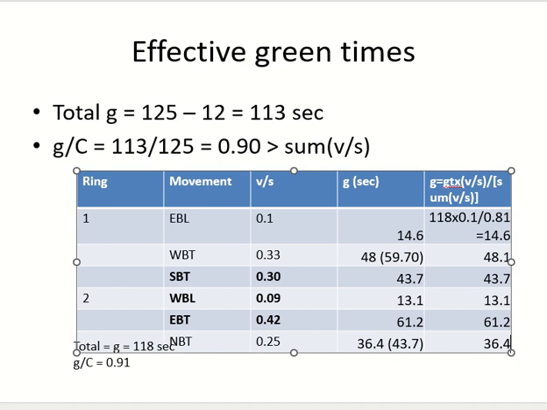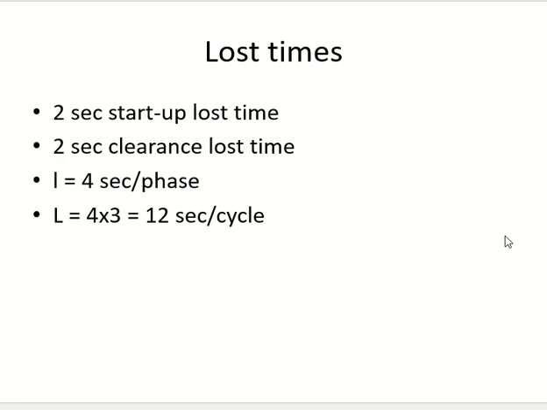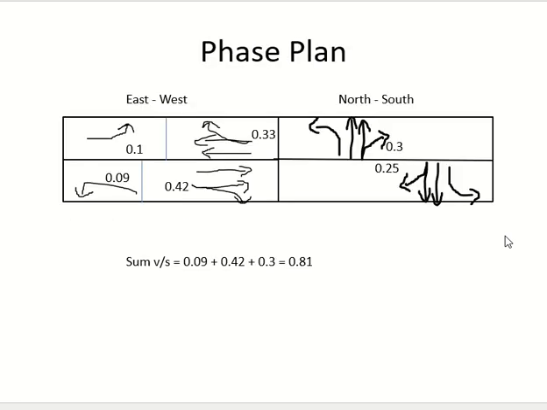Now what happened here? We have westbound through, which is overlapping with eastbound left. We have to go back to this diagram. These two are happening together and these two are happening together. This is westbound left and this is eastbound through.